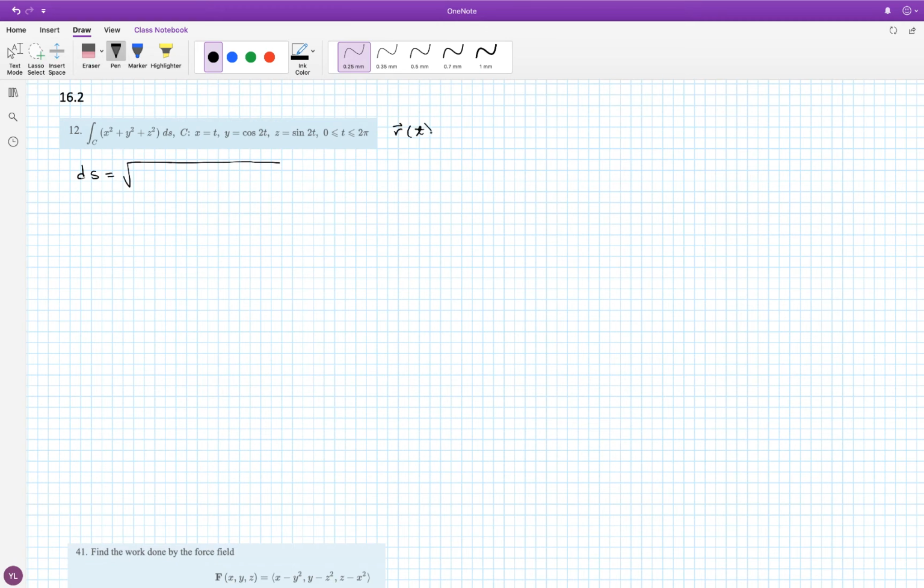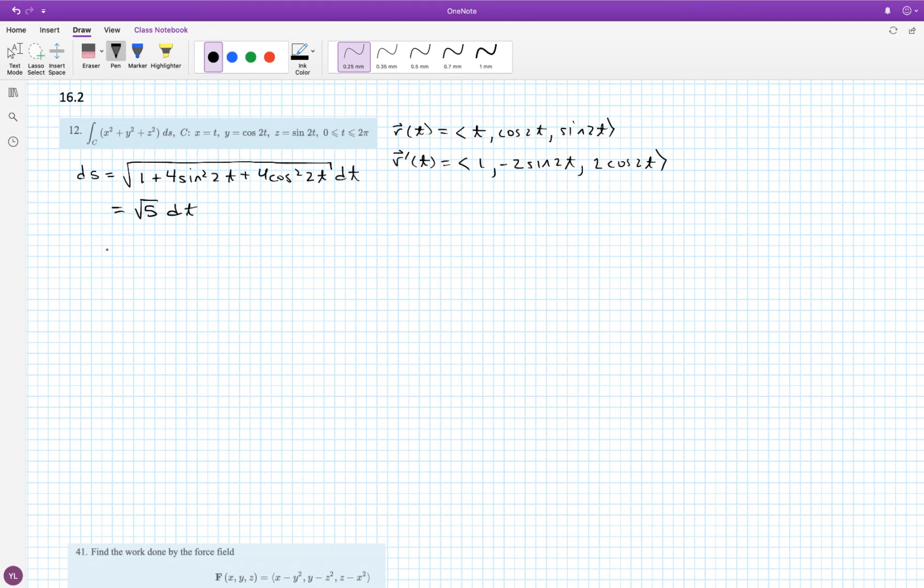If r of t is this, then I'm taking the magnitude of r prime of t, which is what the ds is. Okay, so 1 plus 4 sine squared 2t plus 4 cosine squared 2t. And this reduces, since I've got a sine squared plus cosine squared, I just get 4, and then plus 1 is 5.